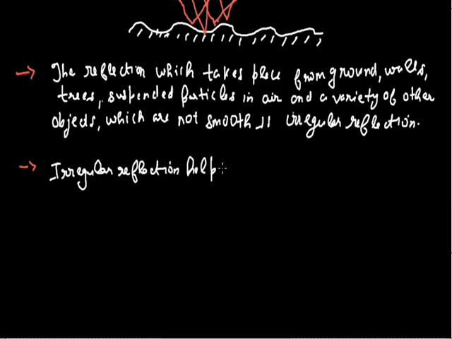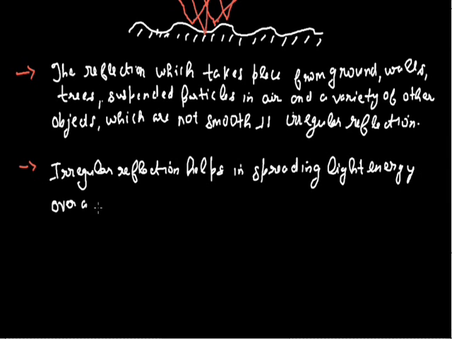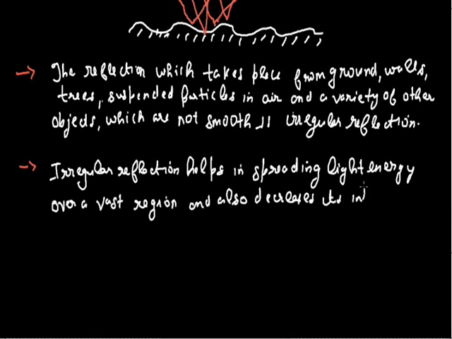Irregular reflection helps in spreading light energy over a vast region, and also decreases its intensity.